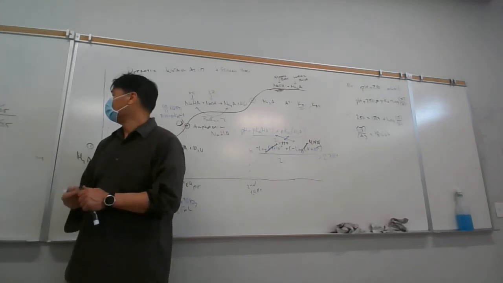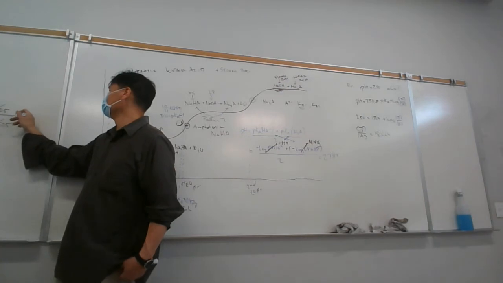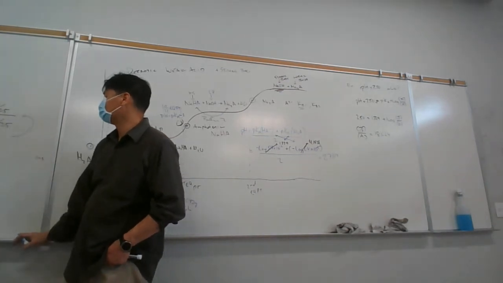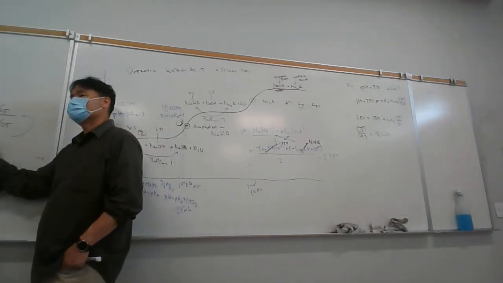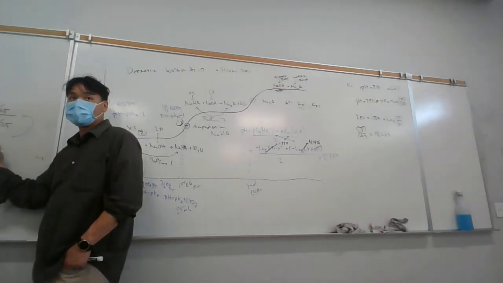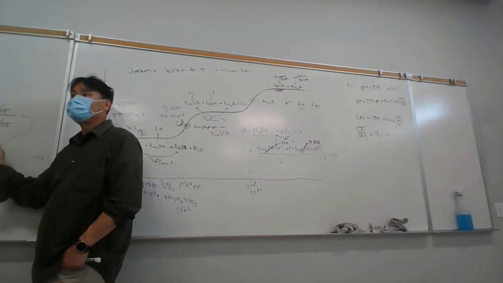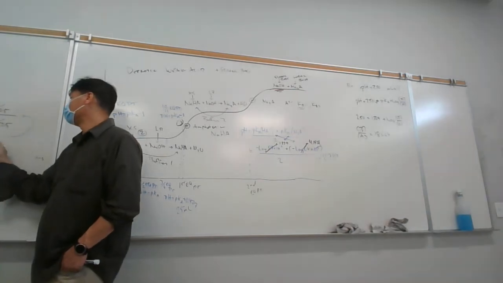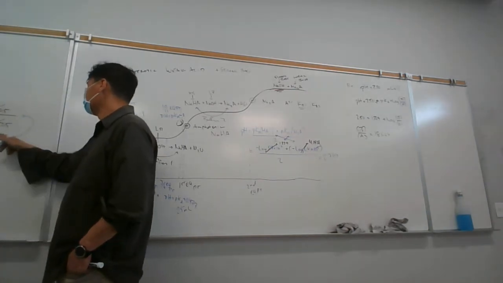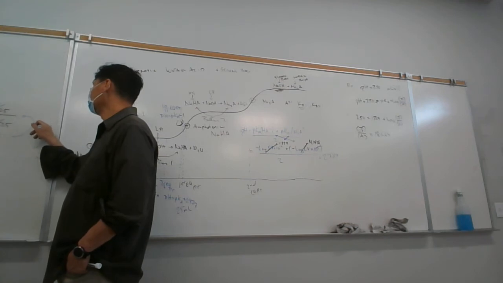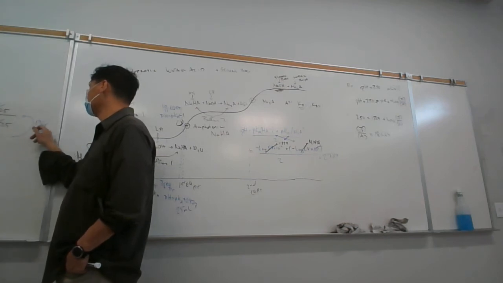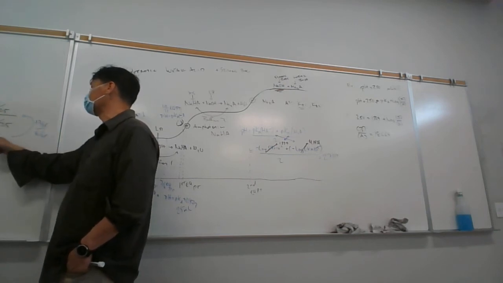Look at this: I have 17 parts of base, 8 parts of acid. How many total parts is that? That's 25 parts total. And so I have 17 out of 25 parts base and 8 out of 25 parts of acid, where 25 is 17 plus 8.